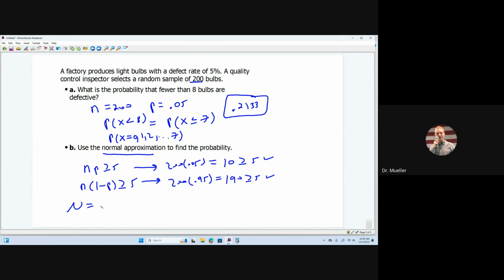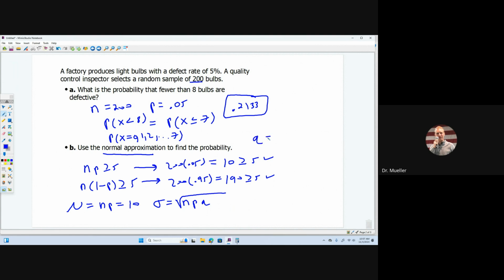So the mean is n times p, which we've already calculated here to be 10. The standard deviation is going to be the square root of n times p times q.